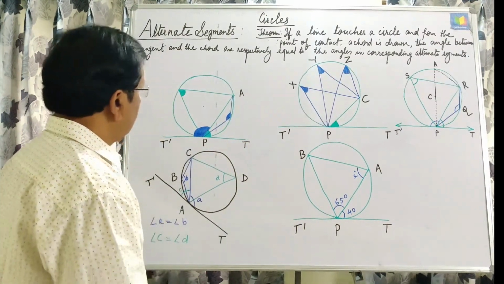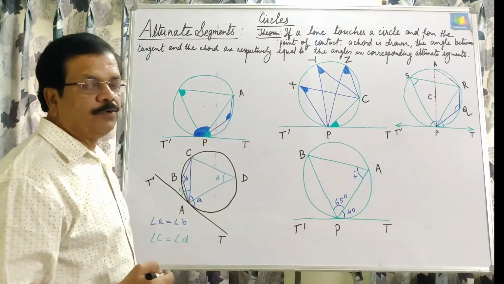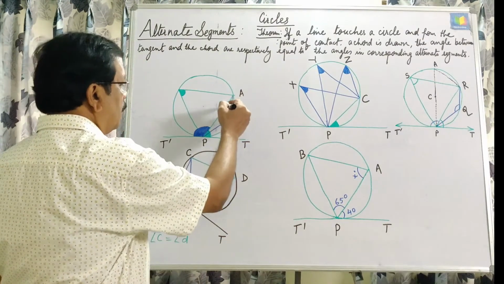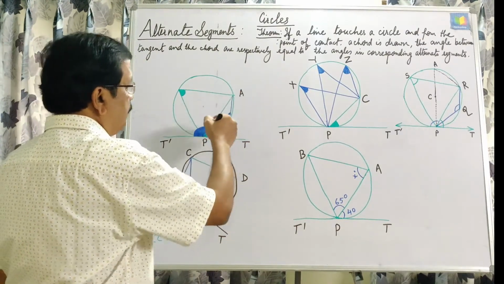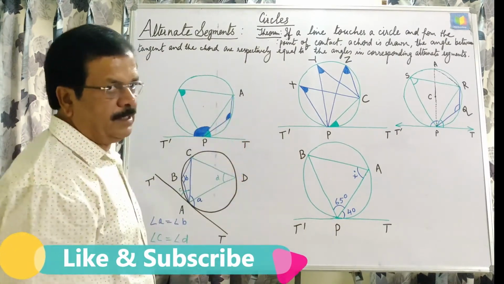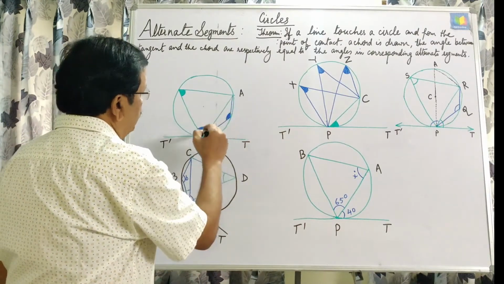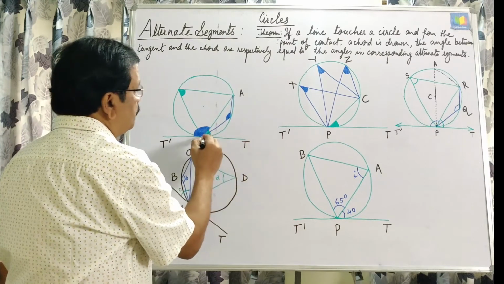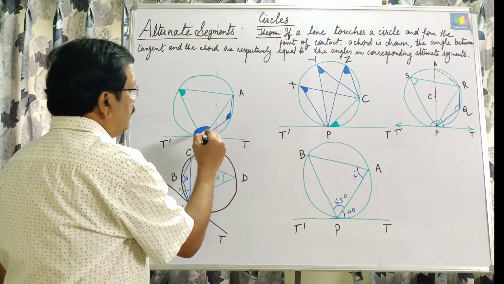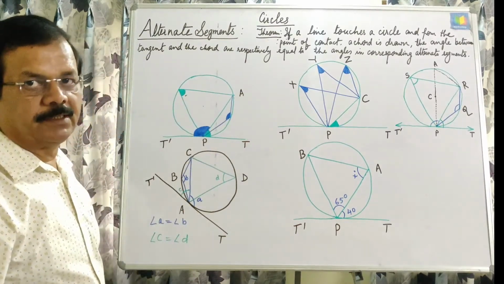Actually, you can see these are four figures, and how can you get the alternate segments? If we draw any chord, say PA, AP is a chord which divides the circle into two segments, and then the angle APT, that is at P, if we draw a tangent, then this angle is equal to this angle in the alternate segment.